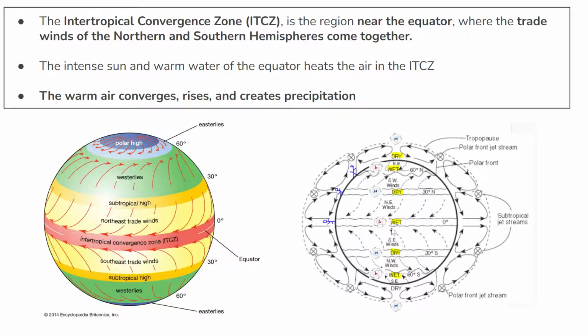This is the zone that we look at when we're looking at the shift of all the planetary wind belts, either up or down when it comes to summer and winter. And for the most part, the ITCZ is the zone where the northeast and southeast winds meet and where it's warm enough for the warm air to converge and rise and cause precipitation and low pressure.